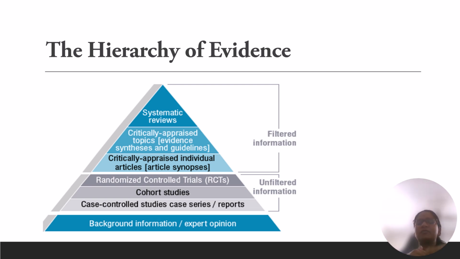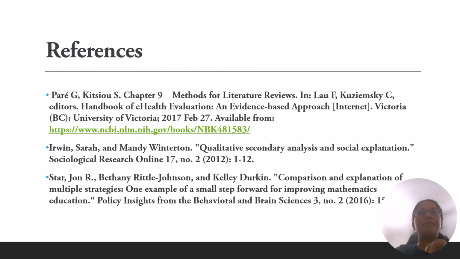Then there comes the case control study and the case series or case reports, then cohort studies, randomized control trial, and then you're critically appraising individual articles. Then the systematic review, the final hierarchy of evidence, the top of the mountain, is the systematic reviews, where you get the proper evidence of the article or proper evidence of what has been spoken.